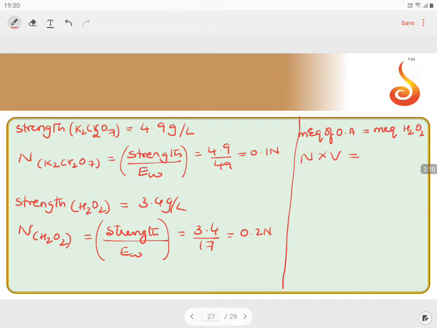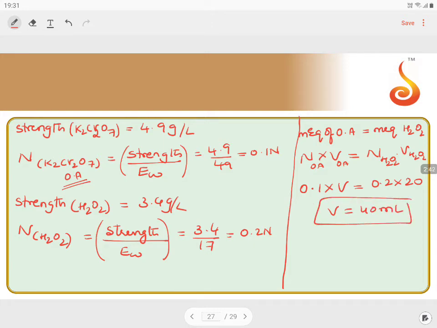Who is our oxidizing agent? K2Cr2O7 is our oxidizing agent. This will be equal to normality of H2O2 into volume of H2O2. So normality we know, 0.1 into volume is equal to normality 0.2 into volume 20 ml. So we have V equals 40 ml.